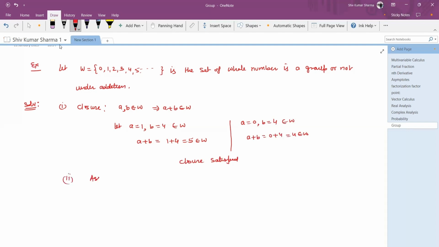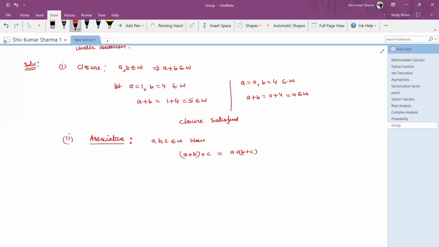Now we move to the next property, that is associative. For the associative property, we know that if a, b, and c belong to W, then (a plus b) plus c is equal to a plus (b plus c) under addition. This is also satisfied. Let a equal to 1, b equal to 2, c equal to 3.